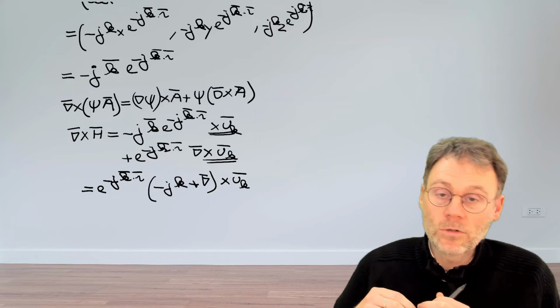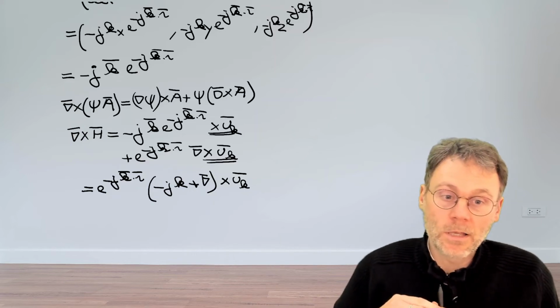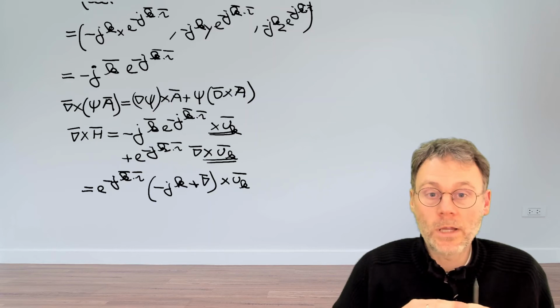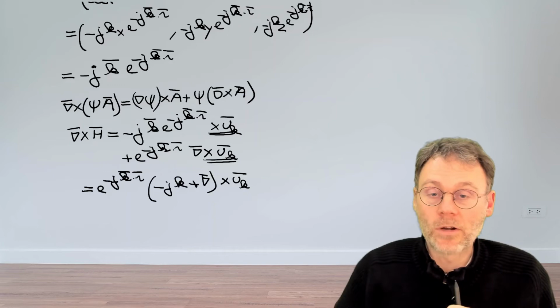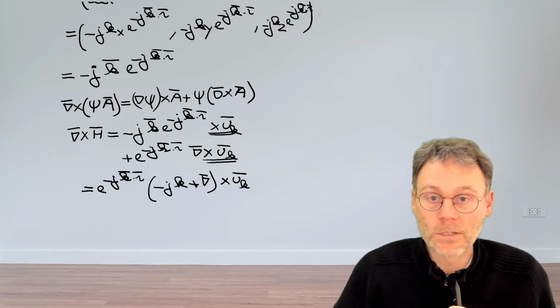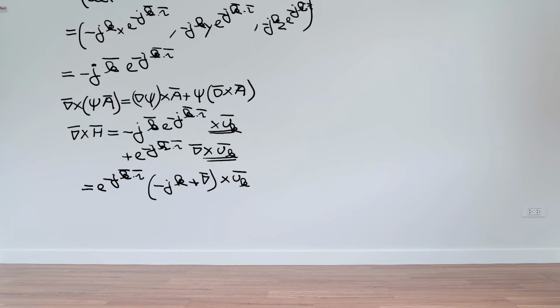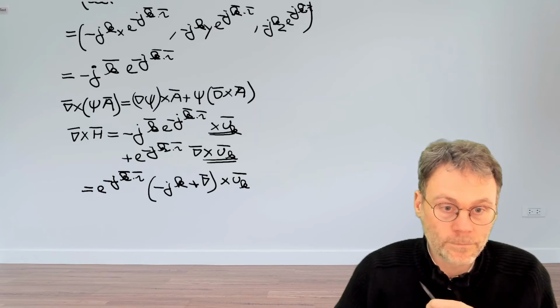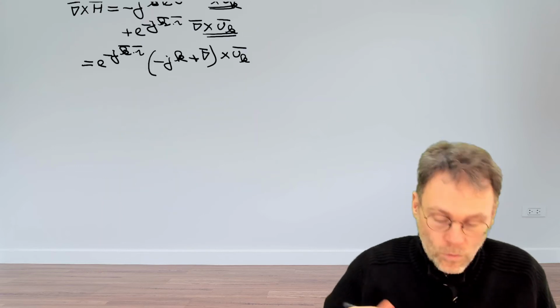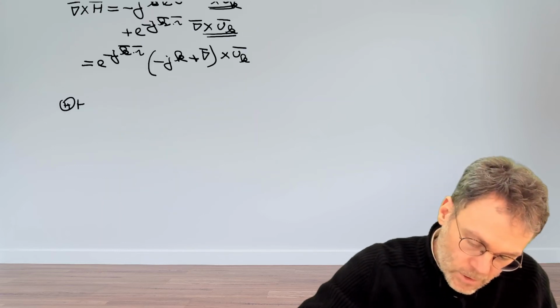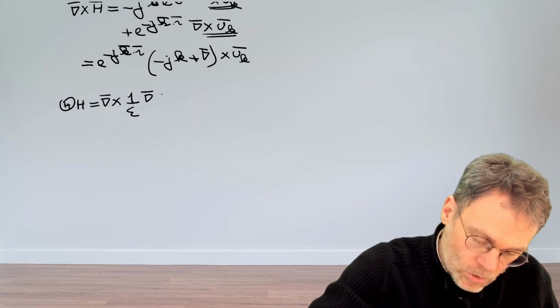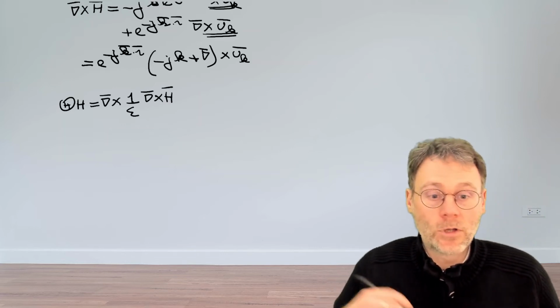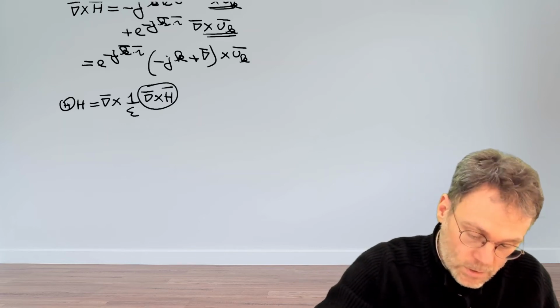Now the final thing we need to do, and you can pause the video to calculate that, is calculate the whole theta operator, which is curl 1 over epsilon curl. So just take the final step here and then figure out what the complete eigenvalue problem is. So we have our eigenvalue problem, theta of H, consisting of curl 1 over epsilon curl of H. And we just spent some time calculating what curl of H is.